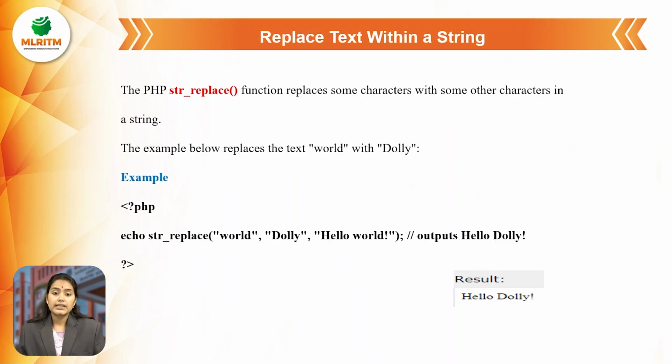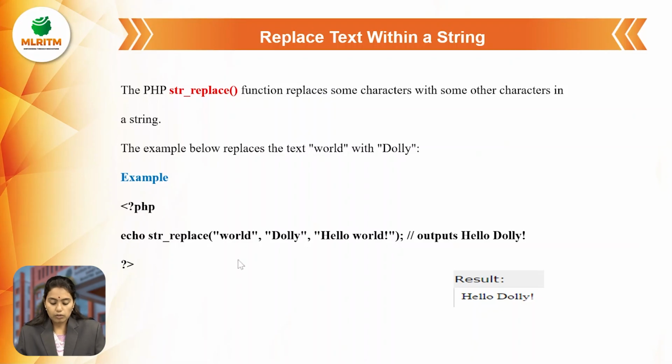Next, coming to replace a text within a string. So to replace, what are we using? String replace. String replace function replaces some characters with some characters. How? Whatever the character we want to replace, we have to mention in the expression. Then we'll get that. How?